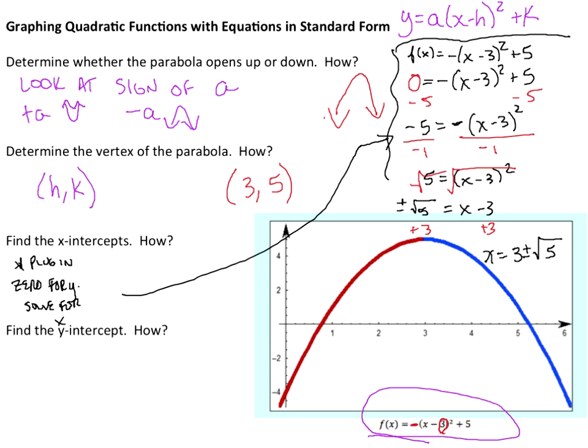Goodness, I'm just having lots of trouble today. 5 square root, there we go, plus 3. Okay, so I get about 5.24, and that's just for one of the x-intercepts.